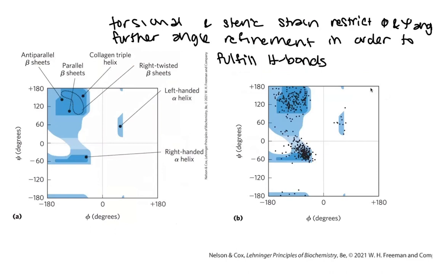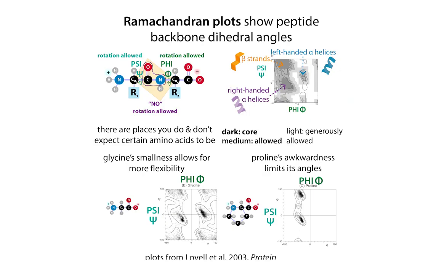Because these angles are constricted, and then further refined by those hydrogen bonding opportunities, they're going to cluster in specific places. Therefore, you can identify the allowed regions, the mediumly allowed regions, and the generously allowed regions. When structural biologists look to see if their models are correct, they'll often look to see if their residues' phi and psi angles are clustering in the right locations.